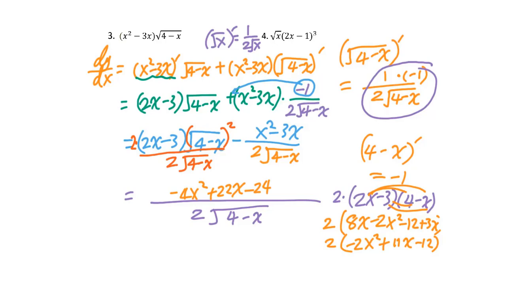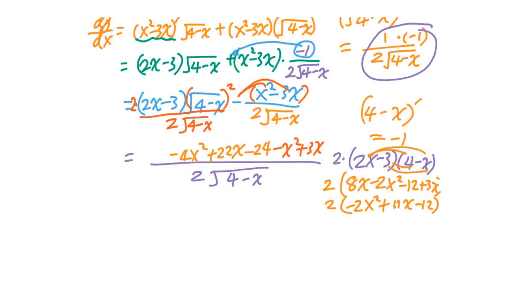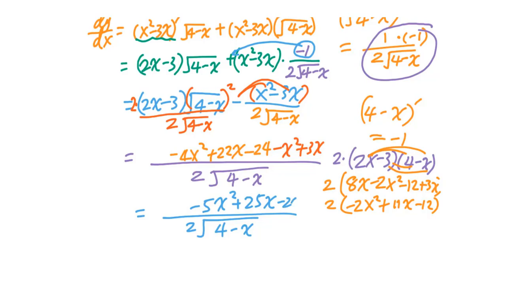Then you do the distributive property for this negative sign. That is negative x squared plus 3x. Let's organize. Your denominator is 2 square root of 4 minus x. On top, you will get negative 5x squared plus 25x minus 24. This will be the final answer you have.